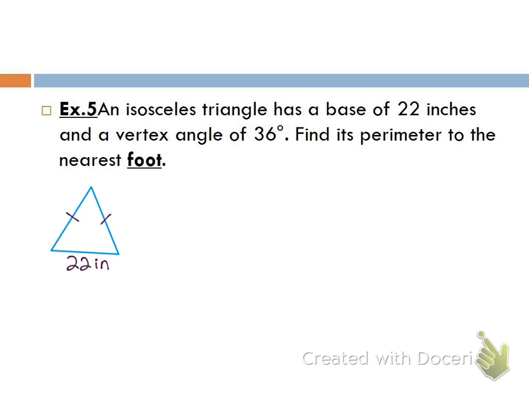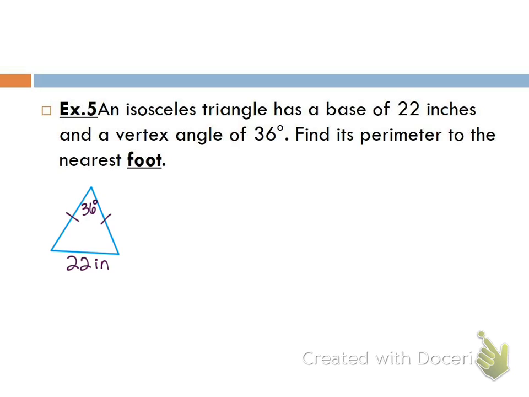Okay, so if I drew my triangle like this, where would I find the vertex angle? Straight above the base. Opposite the base is the vertex angle. The vertex angle is the one that is not congruent to the other two angles.